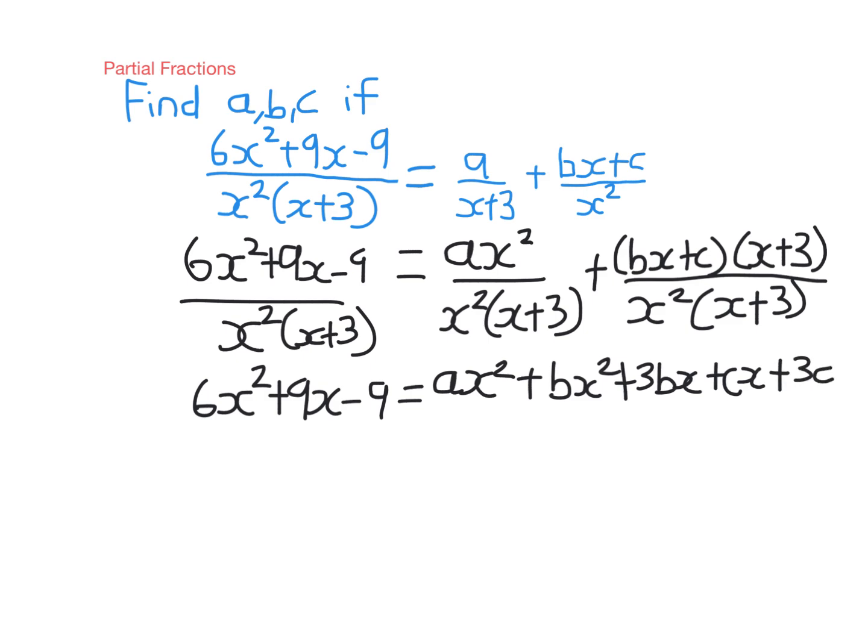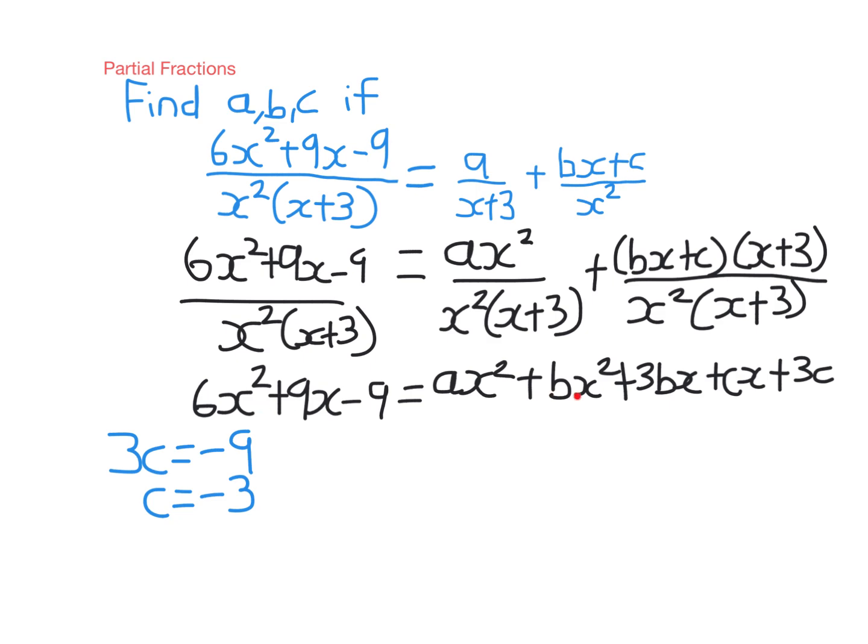So now, in order to make these expressions equal, every coefficient has to be equal. Now you can see 3c here is the only term on the right hand side that doesn't have an x attached to it. It's the constant term. So immediately we can see that 3c has to equal negative 9, which of course means c equals negative 3.